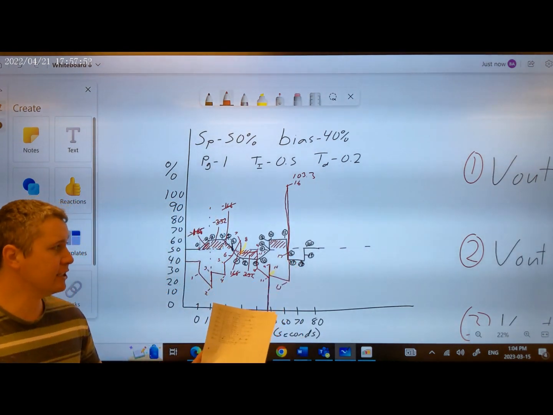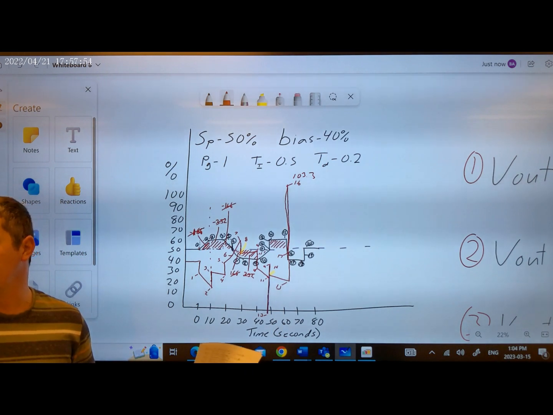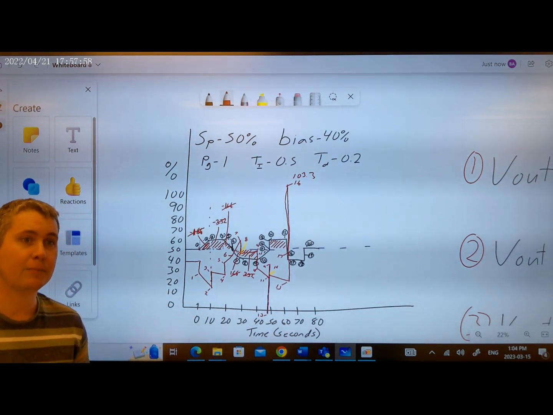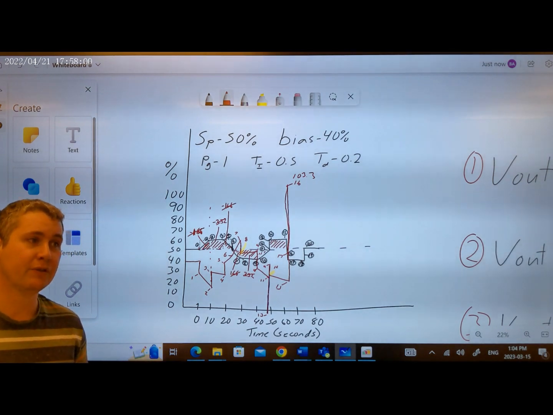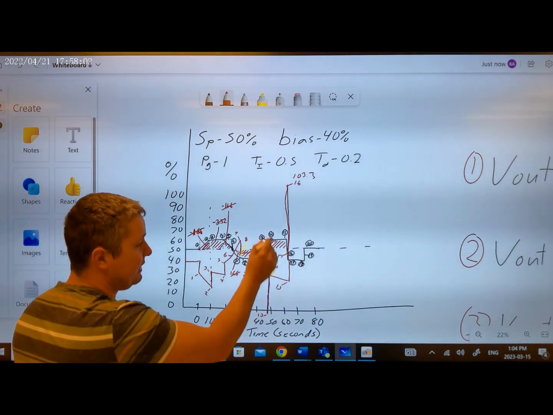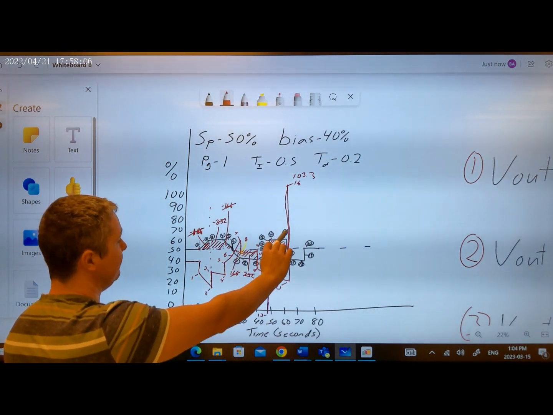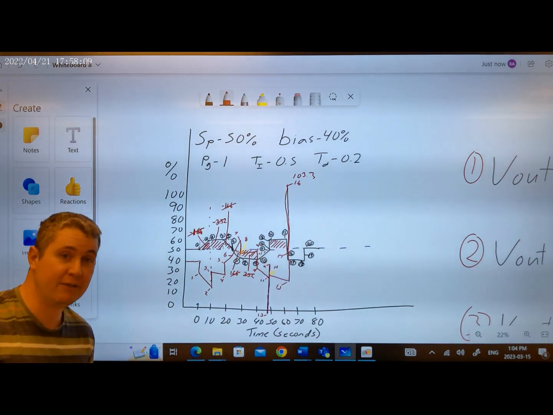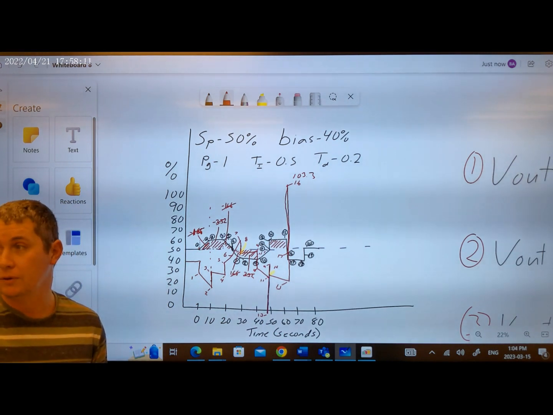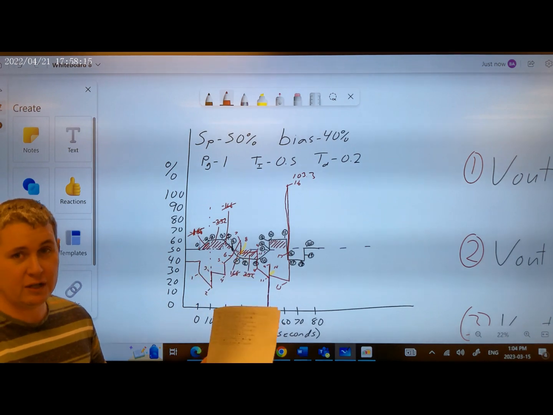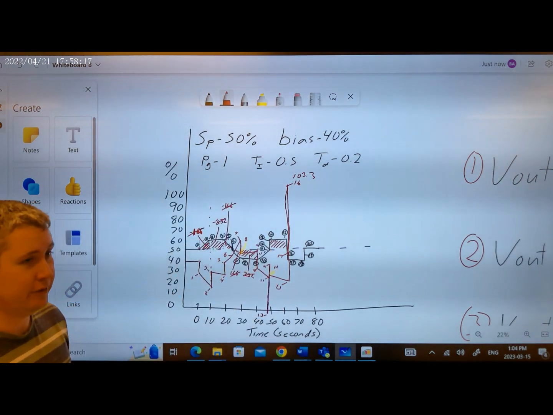So again, we spiked up and came back down. Now again, that is the theory, but in practice, with the controller, you're going to see it spike, and it might go past, it might go up to 60%, it might go up to 70%. I don't know. But what I do know is if it could, it would jump all the way up to 103.3.